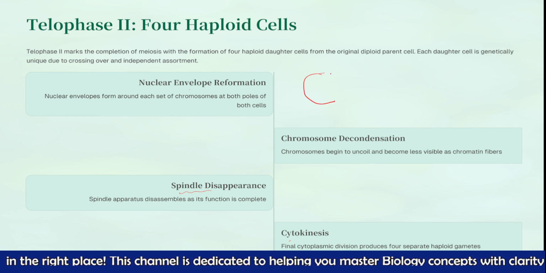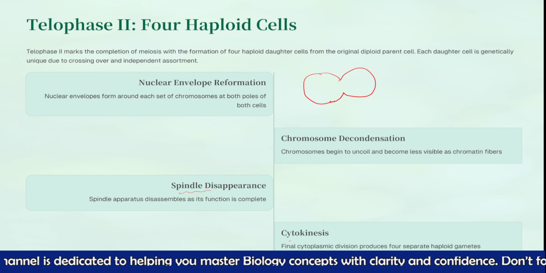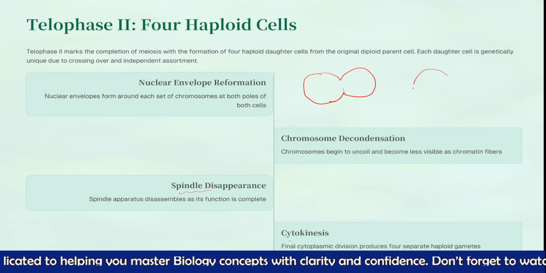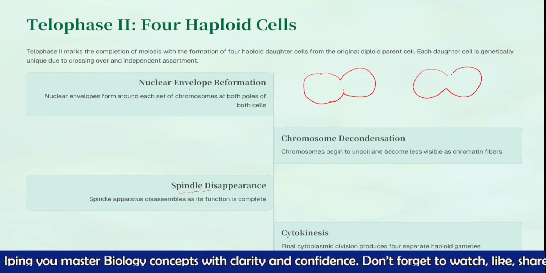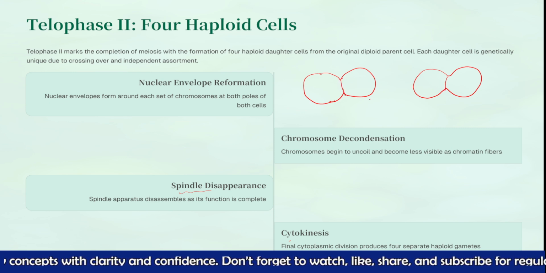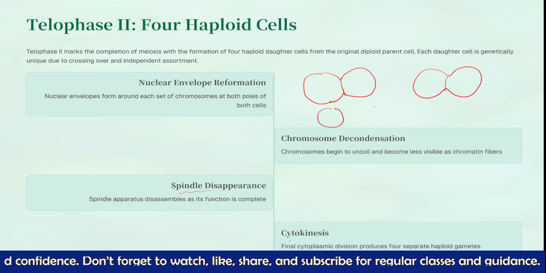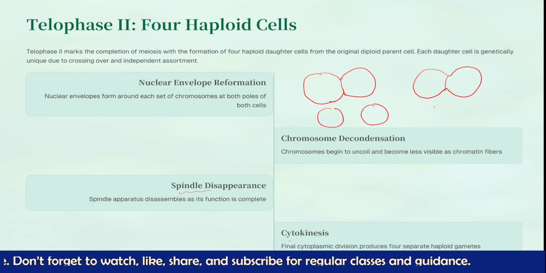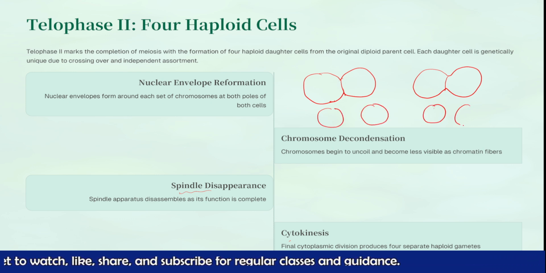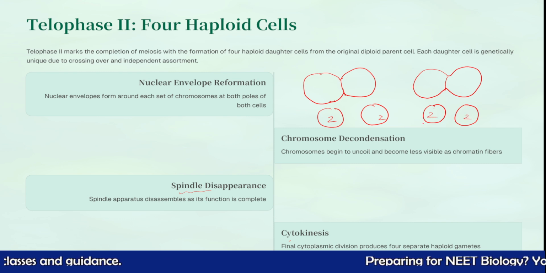Here in the mother cell you can see one cell undergoing division, giving daughter cells, and finally cytoplasmic division gives two cells from here and another two cells from there. So in total there are four cells, each with half the number of chromosomes.